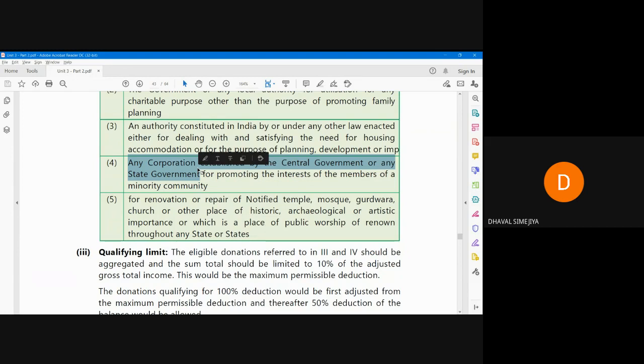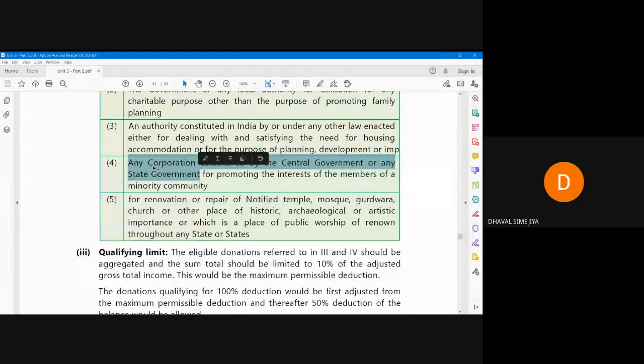So first one, any institution, charitable purpose. Second one, government utilizing money for charitable purpose but other than family planning. Third one, need for housing accommodation. Fourth one, any corporation established for promotion of minority community.